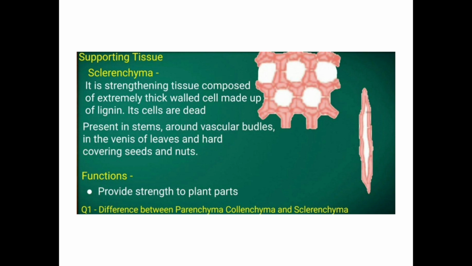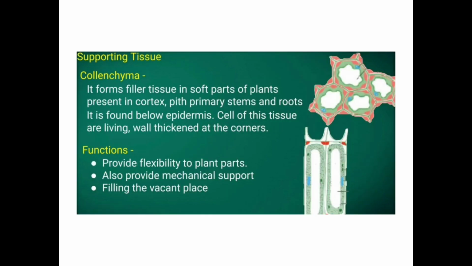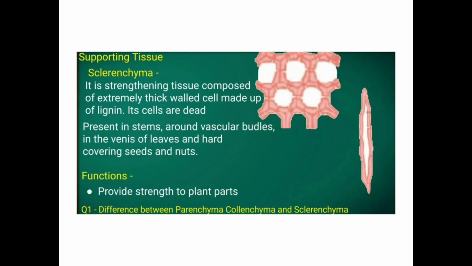Then the next one is sclerenchyma. Sclerenchyma is the third supporting tissue. It is a strengthening tissue similar to collenchyma, composed of extremely thick walled cells, with the cell wall made up of lignin.